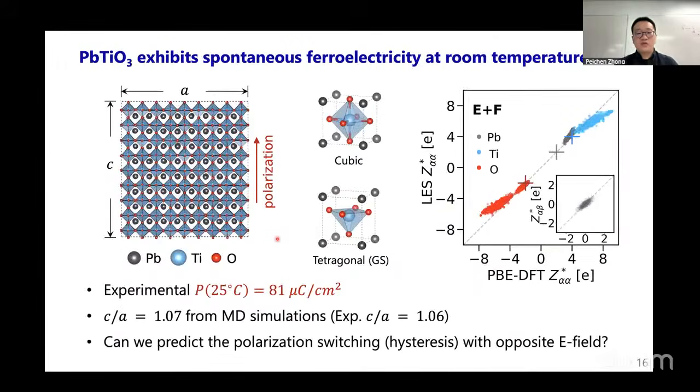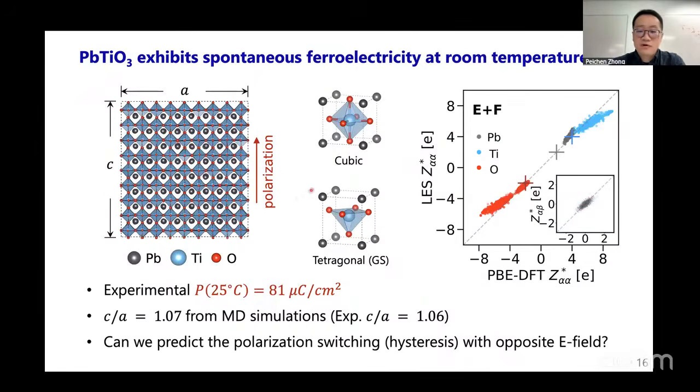After that, we want to do something more challenging. That's ferroelectricity. We know that ferroelectricity is a response property of solid state materials, also known as complex oxides. Lead titanate is a very famous example that exhibits spontaneous polarization at room temperature. For example, when the system is equilibrated, the c-axis will be elongated and show a spontaneous polarization.